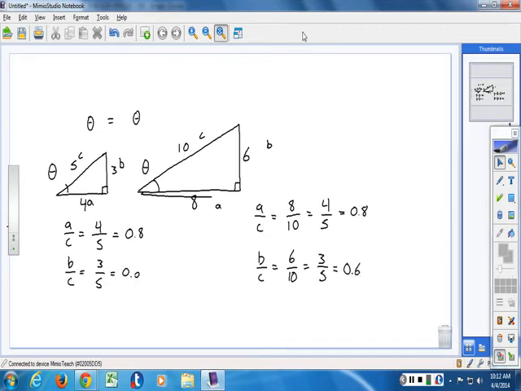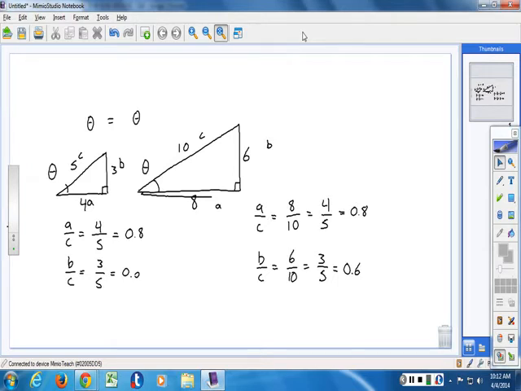Okay, so we did the same thing, just pulled in the numbers from this triangle and simplified them down. We can verify that sure enough, we doubled the size of the triangle, but that ratio of those sides stayed the same. No matter what size we increase this triangle to, if we keep the angle the same, that ratio is going to stay exactly the same.